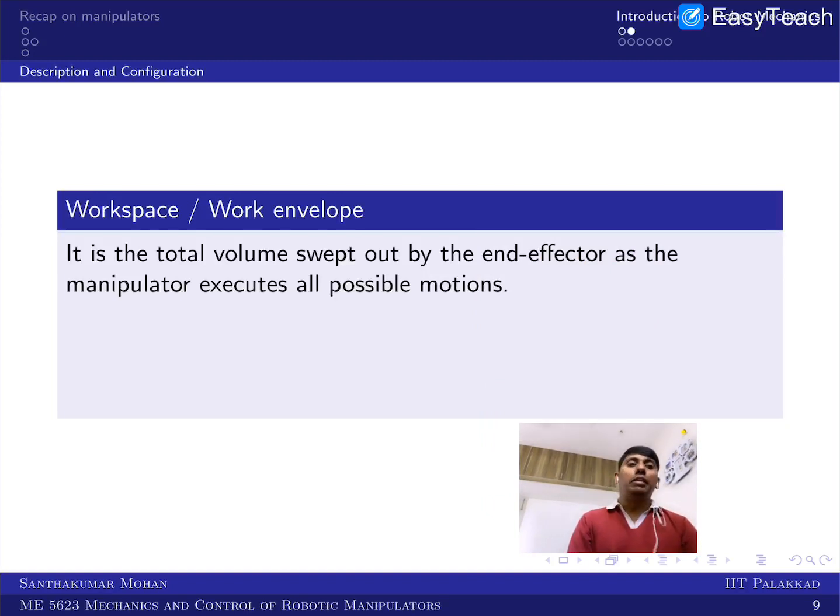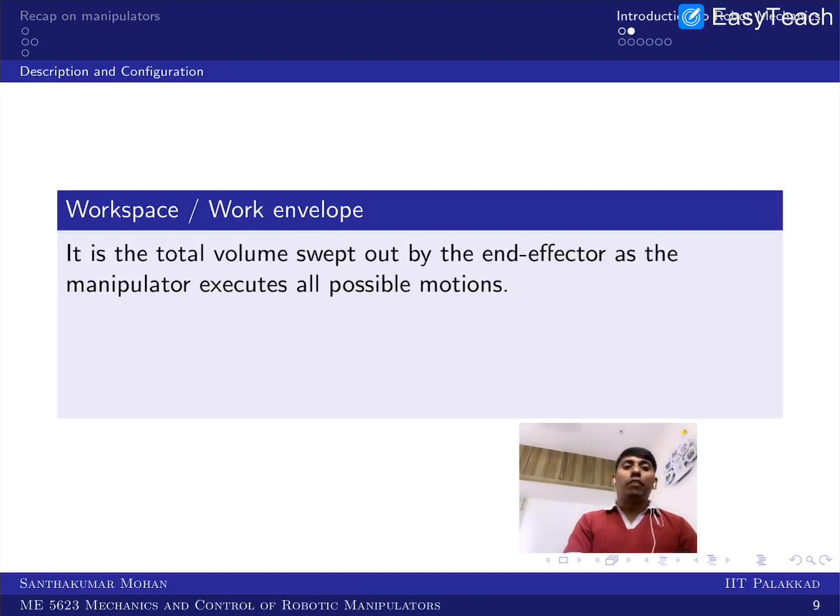Although we will discuss this in a little more detail in the next lecture, let us see what a workspace is. Workspace is nothing but the total volume swept out by the end effector. What is an end effector? Whatever is connected at the end of the manipulator arm, that is what we call the end effector. That end effector can be a tool or a gripper or something else.